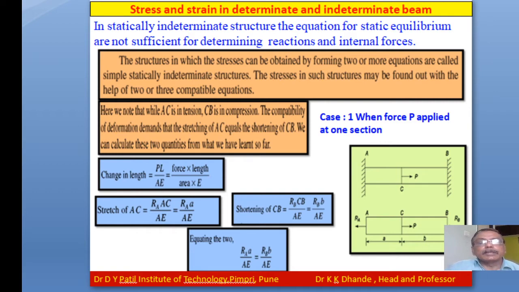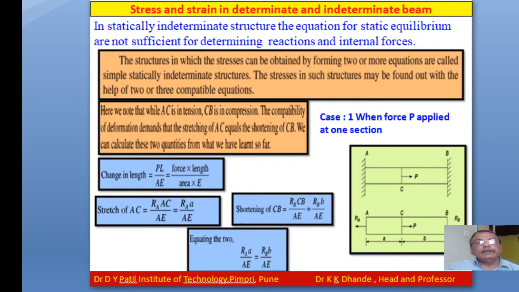Now here you may see this structure, a circular bar is given, and this circular bar is fixed at point A and at point B, and force P is applied at the section C. So here there are two sections, 1 and 2.